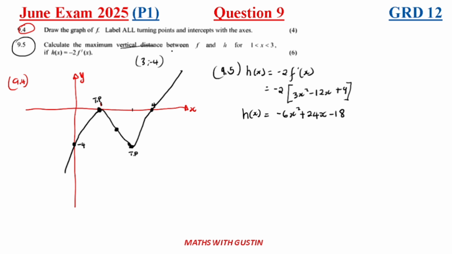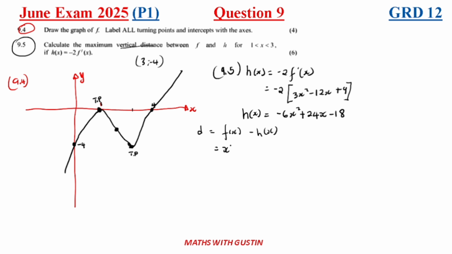So the distance between the two functions, I always remember it as f of x, which is our function, minus h of x. This will give you the distance between the two functions. So let's go ahead and find this one.